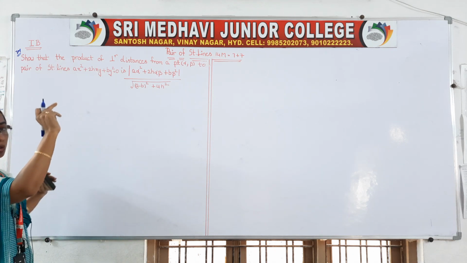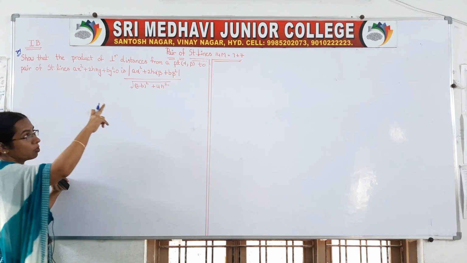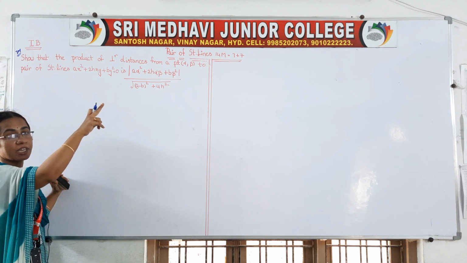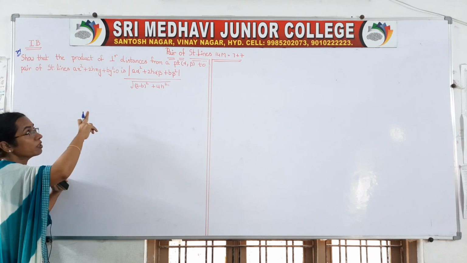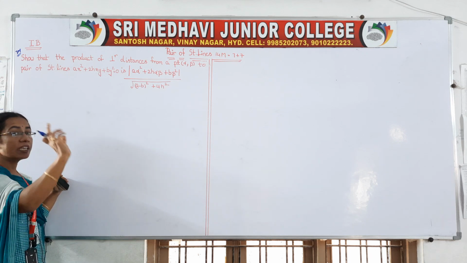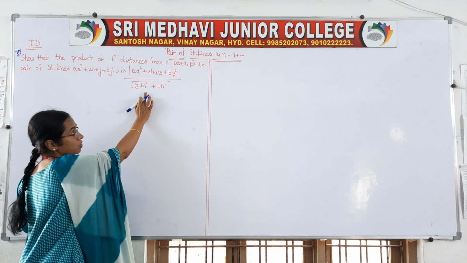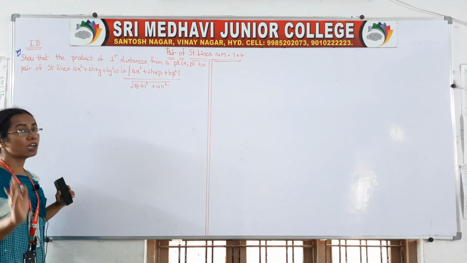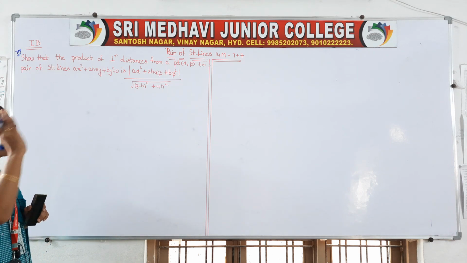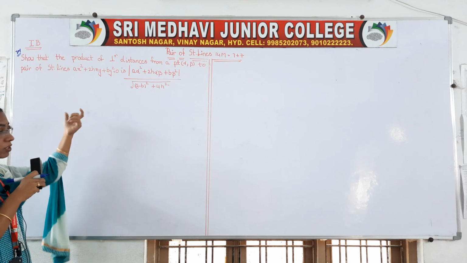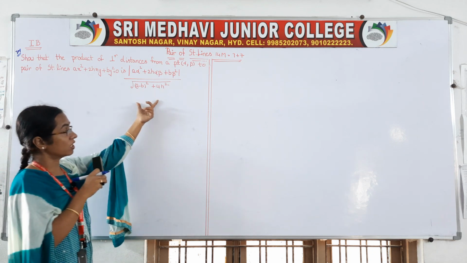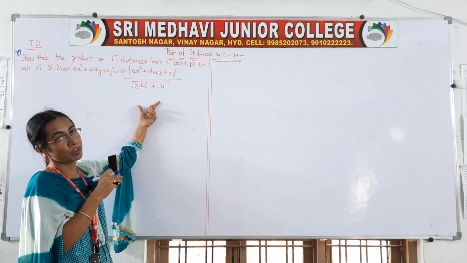So from that point P alpha comma beta, if we take the perpendicular distance to those two lines, their product must be equal to this one. Product of perpendicular distances from a point to these two lines must be equal to this. This is what we have to prove.